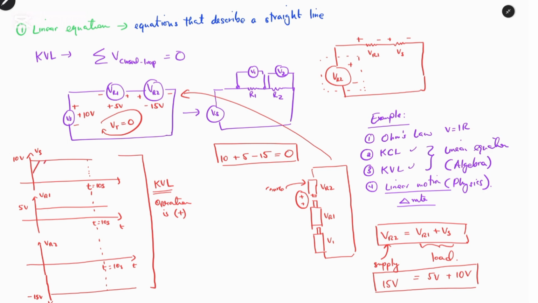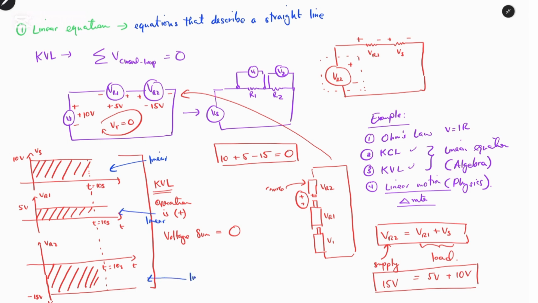Now if we had this one in this region and this region, we all know that the voltage sum is equal to 0, and this graph is linear, meaning a straight line. This is also linear, and this is also linear.